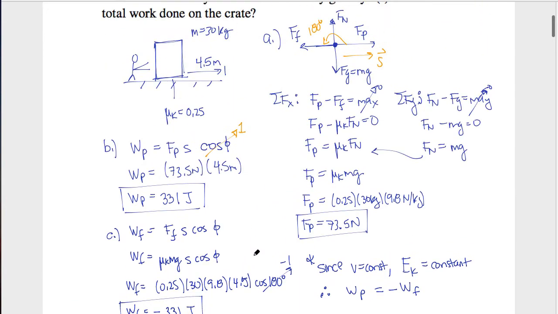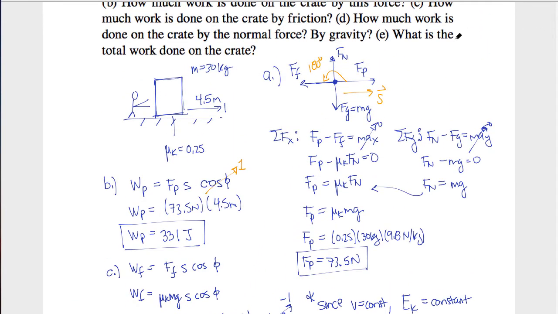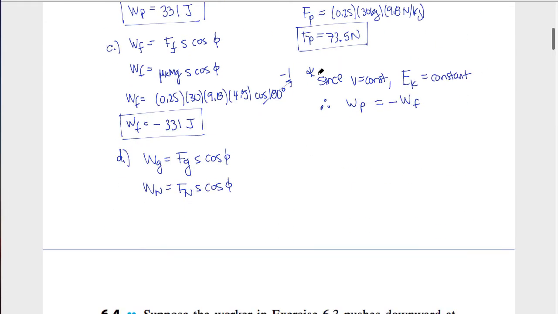And so these angles, if we look at our diagram, are either 90 degrees or negative 90 degrees. So when I substitute those in, both of these cosines will be 0. The cosine of 90 or negative 90 is 0. Therefore, the work done by gravity is 0, and the work done by the normal force is also 0.